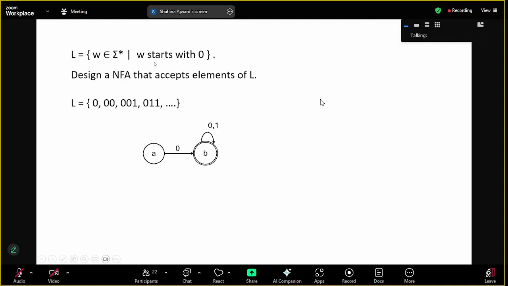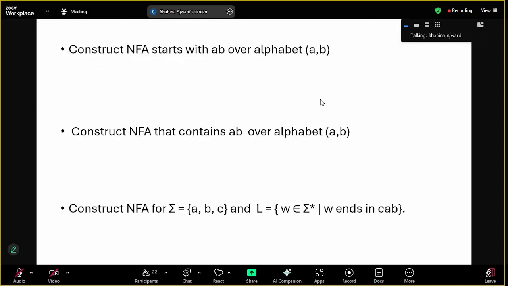So if you take a word like 1 and 0, it shouldn't be accepted. If you take 1 and 0, it's not going through this path, so it's not accepted. Anything starting from 1 doesn't go through this path, so we can verify that it won't be accepted by this machine. Okay, so try this.